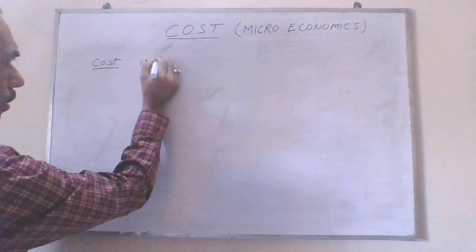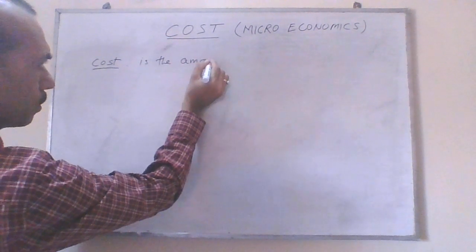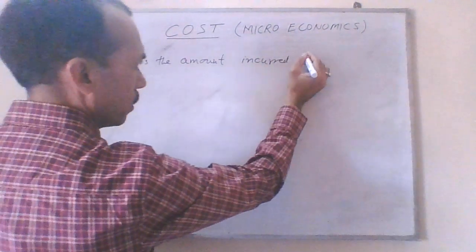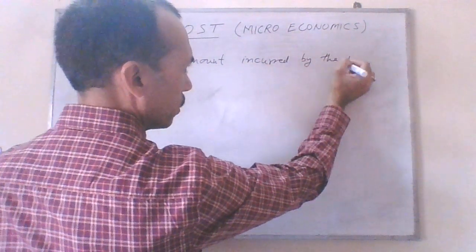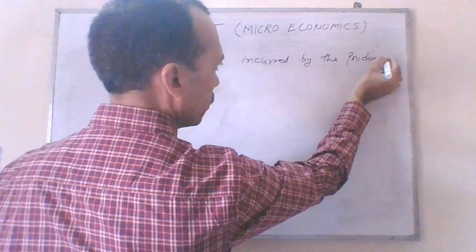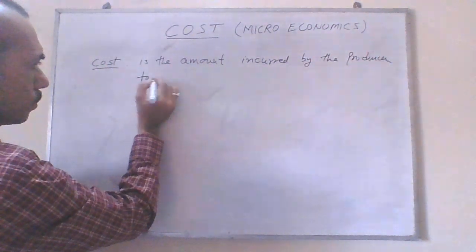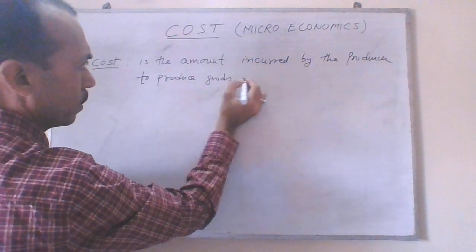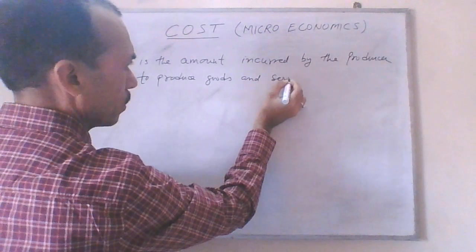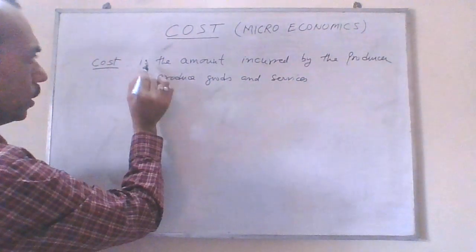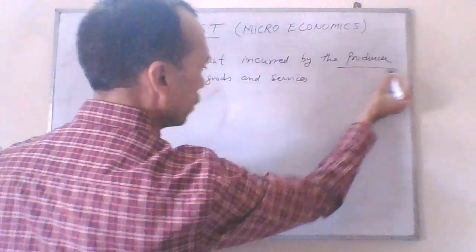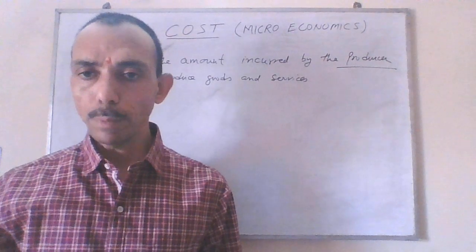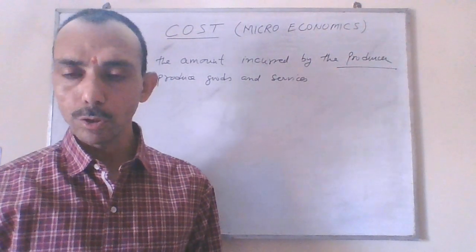Cost is the amount incurred by the producer to produce goods and services. So whatever the amount incurred by the producer to produce goods and services is known as cost.